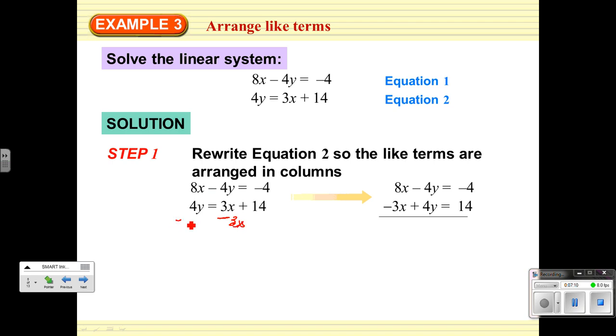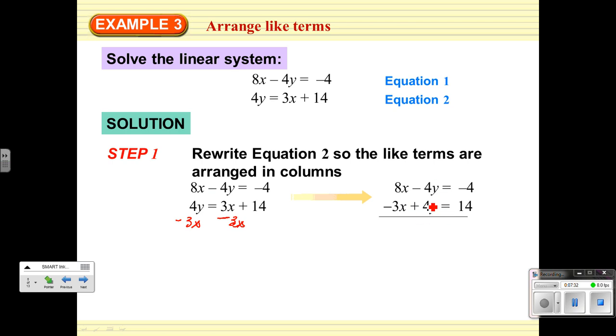Okay, so that means I have over here -3x, +4y, and +14. That's the only thing I did, move my x term to the other side of the equation so I can line these up. And now I notice I've got a -4y and a +4y.